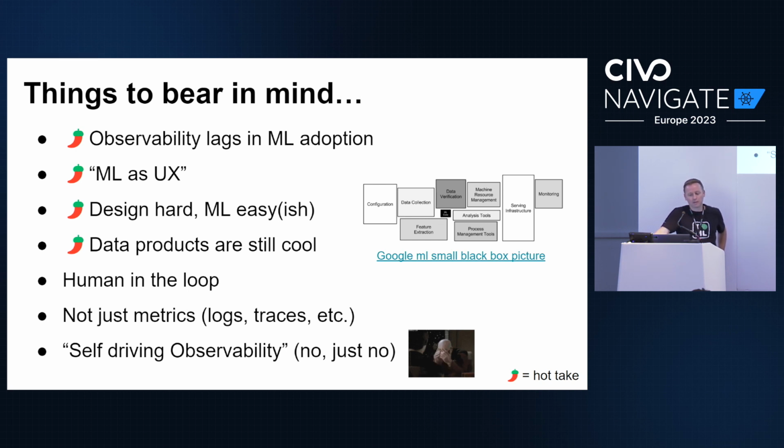Especially considering we have a lot of fancy plumbing, which gets into the picture in there. This is the famous black box Google picture from their paper about what's involved in getting ML into production, and it turns out the ML part is just a little black box in the middle, and it's all the other stuff around it: the infrastructure, serving, data collection, validation.